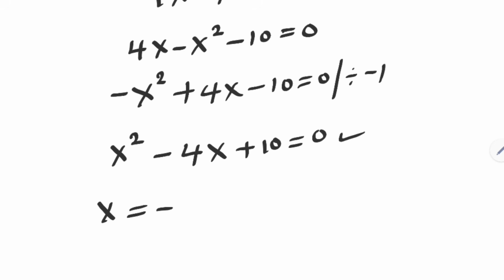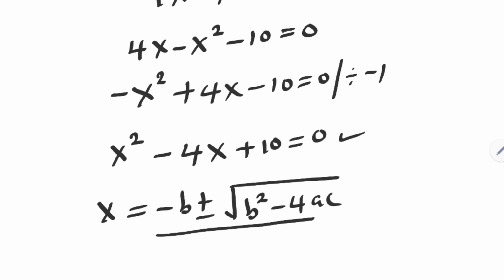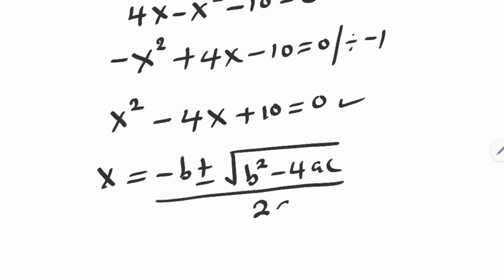x is equal to minus b plus or minus square root of b squared minus 4ac divided by 2a.